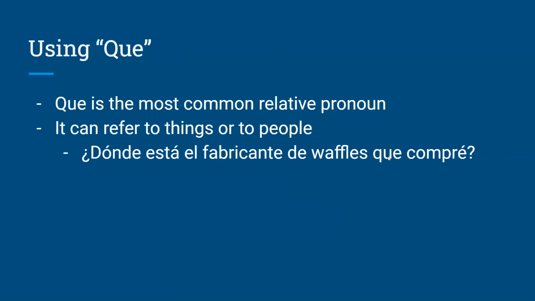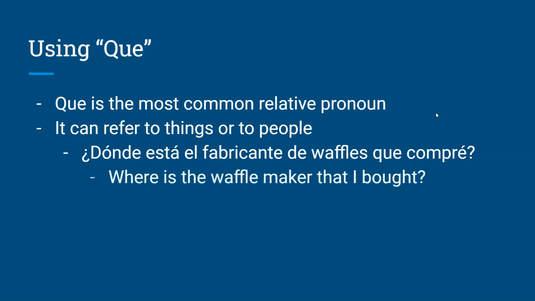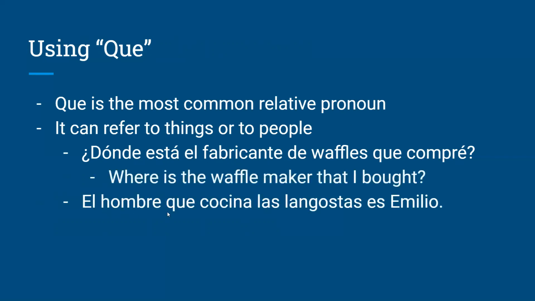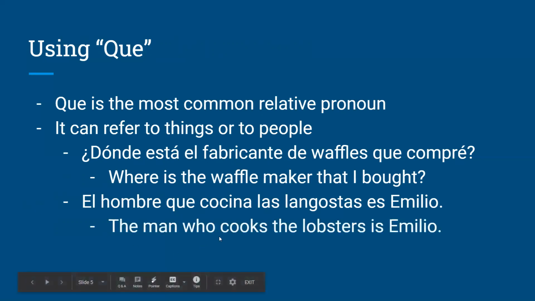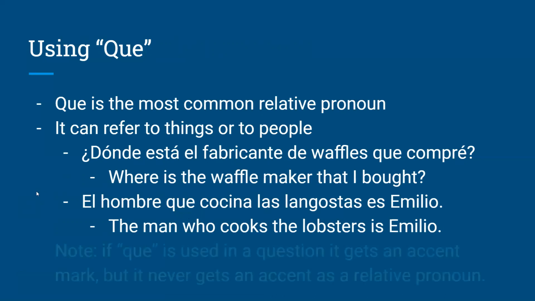That right here is our relative pronoun, linking the waffle machine with the thing that I bought. Another: el hombre que cocina las langostas es Emilio. The man who cooks the lobsters is Emilio. Who in English, que in Spanish are relative pronouns.